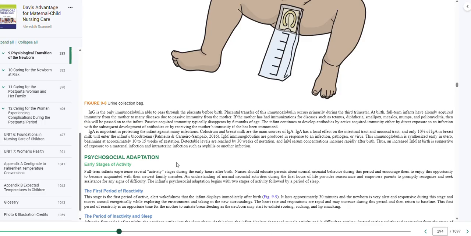So going back, we're talking about IgA, okay? This is important in protecting the baby against any infections of their own, okay? So colostrum and breast milk, this is why we call that colostrum liquid gold, because it has all of those antibodies and all of that immunoglobulin in there to protect them, okay?